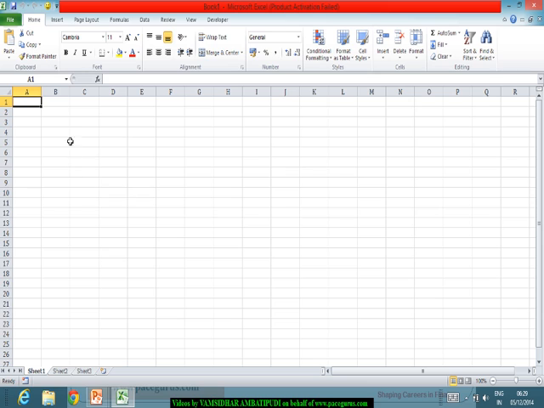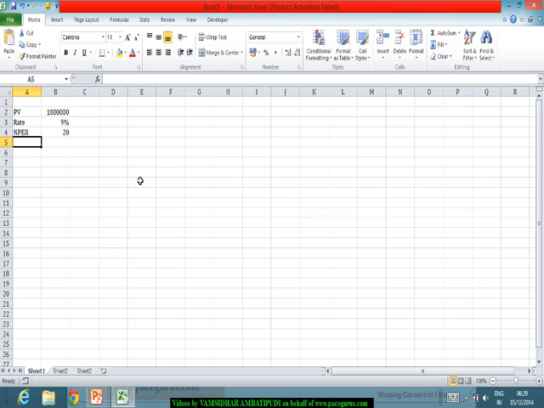So let's say I have taken a simple loan of 1 million. The loan amount I have taken as 1 million, and the interest rate is let's say around 9% per annum, and the number of periods I'll take as a 20-year loan.